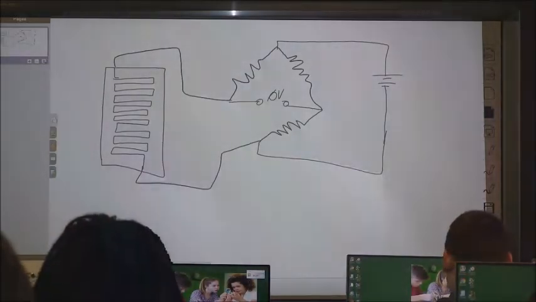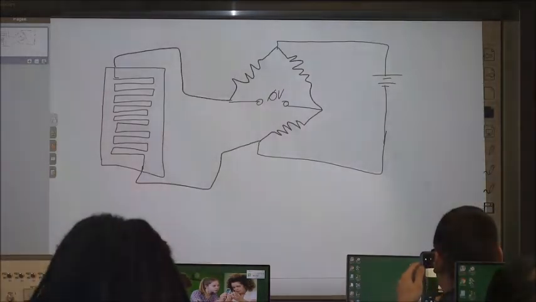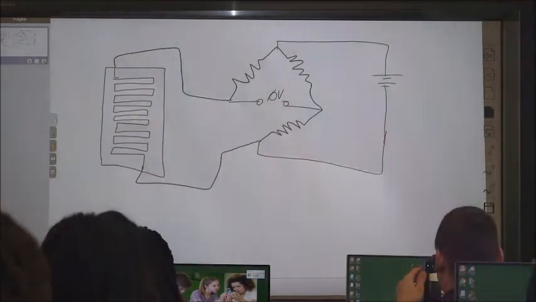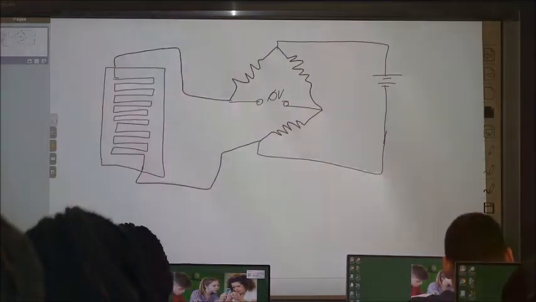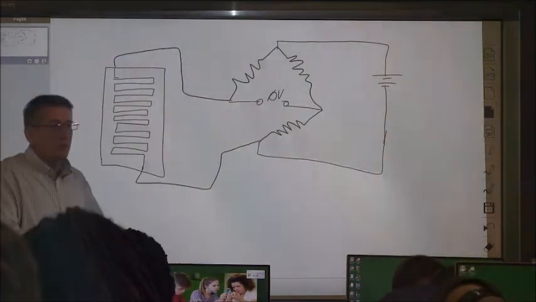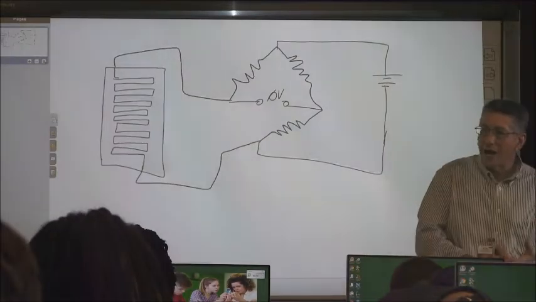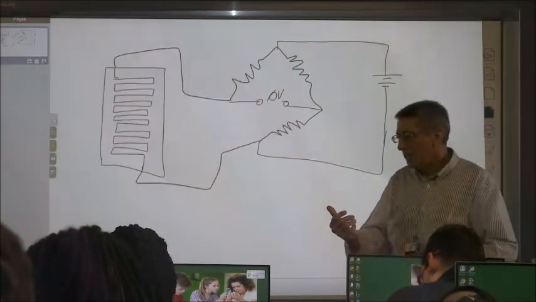Temperature. What's a common temperature transducer? Yeah, that's the most common one. Of course, there's J-type, K-type. J-type for normally lower temperatures, K-type for higher temperatures. There's RTDs.